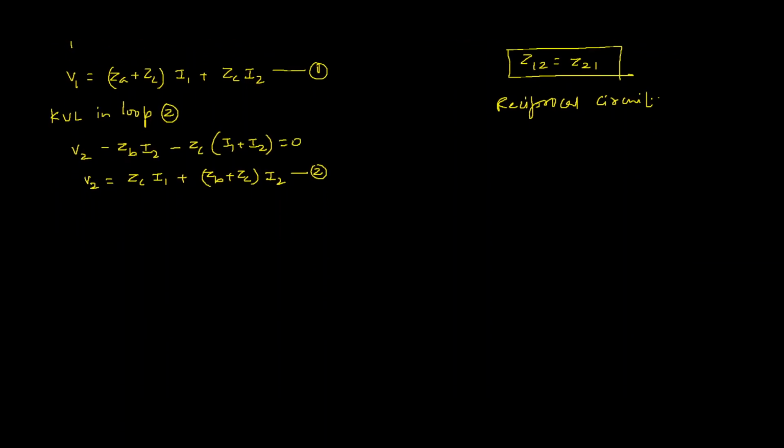Now let's find out the Z parameters for the pi network. In this pi network, the three impedances are connected in the shape of pi, and the impedances are ZA, ZB, and ZC.